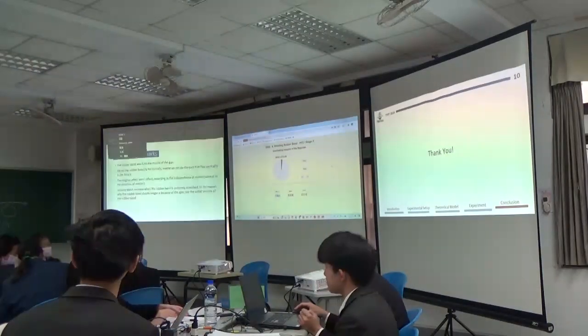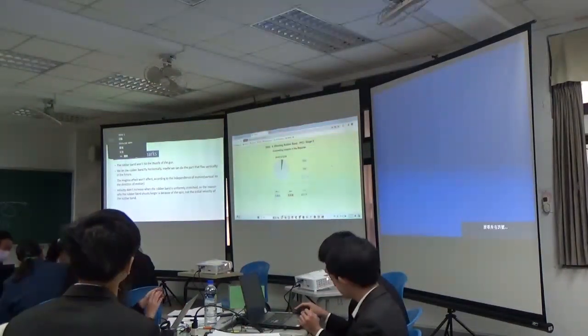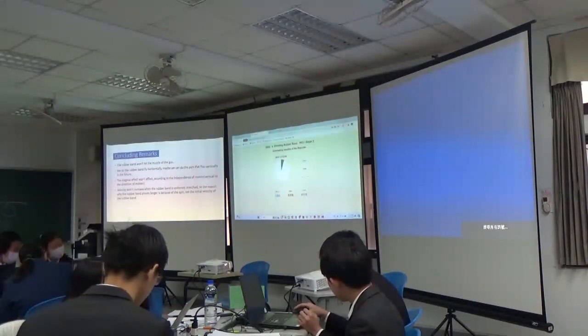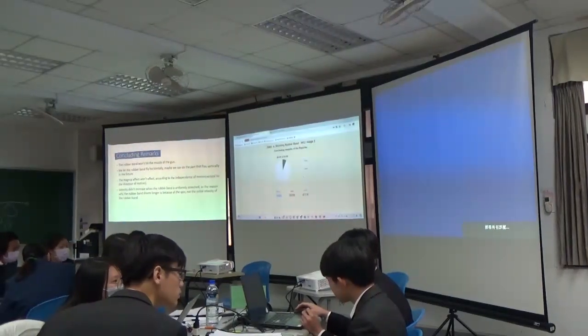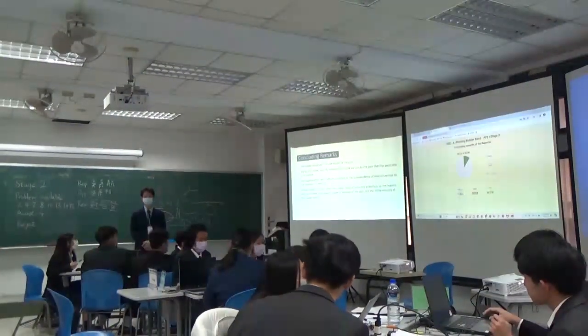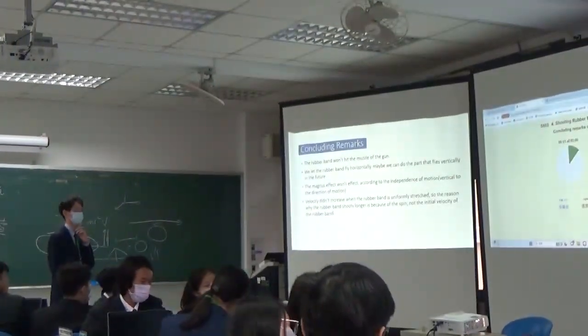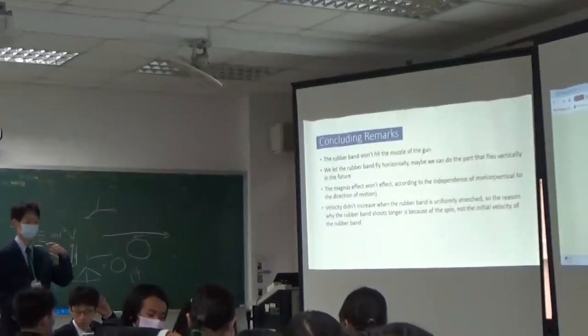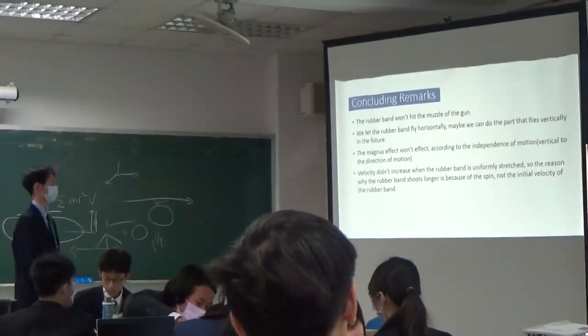Our concluding remarks: in our launcher, the rubber band will hit the muzzle of the gun, and in our experiment, we let the rubber band slide horizontally. Maybe we can do the experiment that slides and stays vertical in the future.